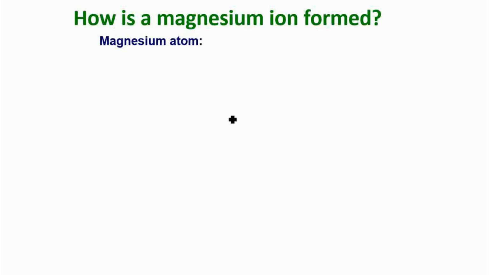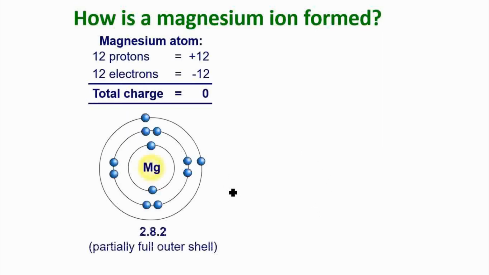Let's look at another example. All right, think about this. Feel free to pause the video and you can try that. So have a look here. This has no charge. Magnesium has no charge whatsoever because there's an equal number of protons and electrons. It now has 2 electrons on the outer shell, not stable, what's it going to do?